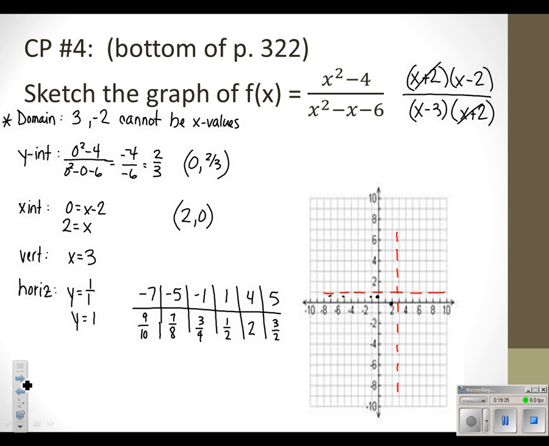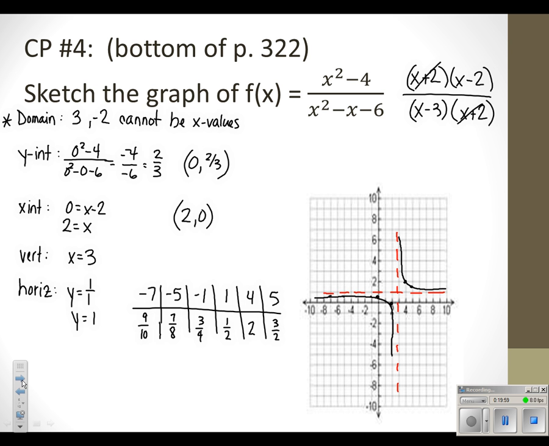So you can see then how our curve is going to really hug the 1 line for a while and then start heading down our vertical asymptote. All right, now on the other side we had 4 and 2 and 5 with 1.5. So again, we can see the tendency of this curve as well.